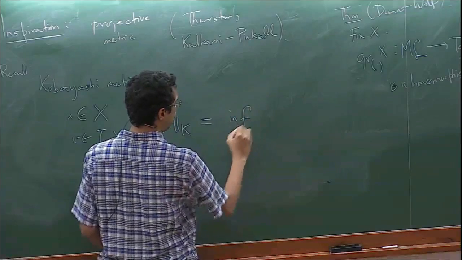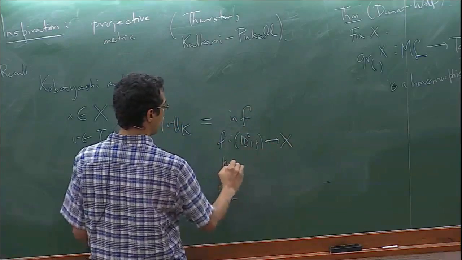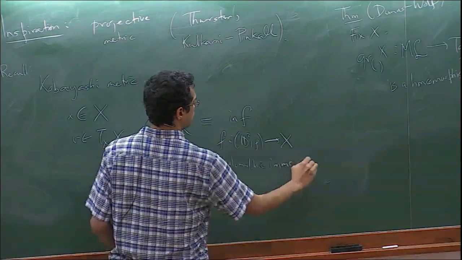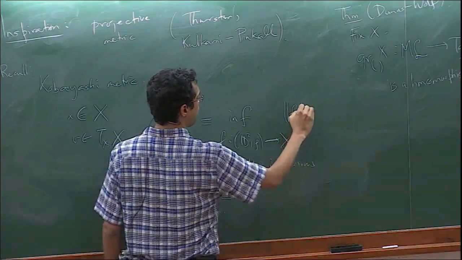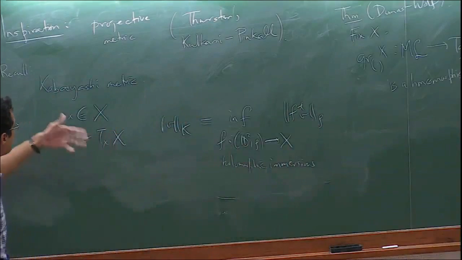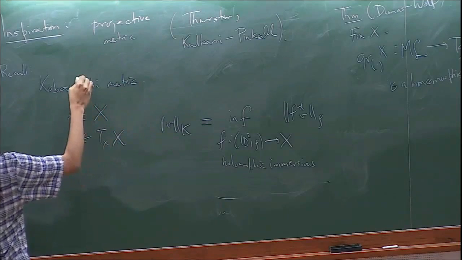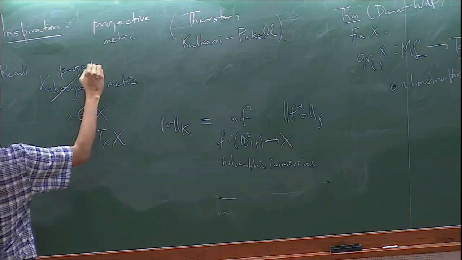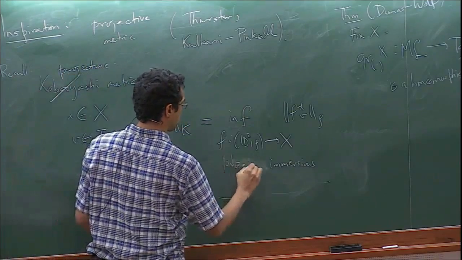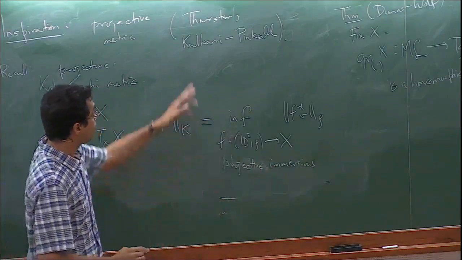You look at all maps of the disk with the Poincare metric to X. So these are holomorphic immersions. And you infimize the pulled back norm of this vector with respect to the Poincare metric. Now for a projective structure, you can have the same definition, but for the projective metric, you look at projective immersions, so it is bounded below by the Kobayashi metric. And this defines this metric.